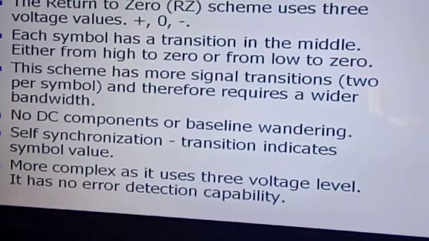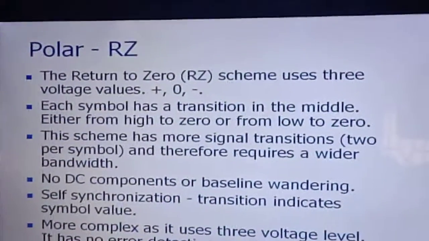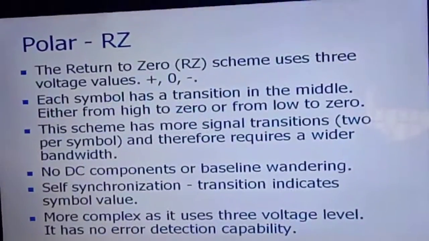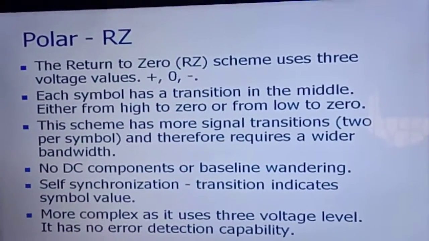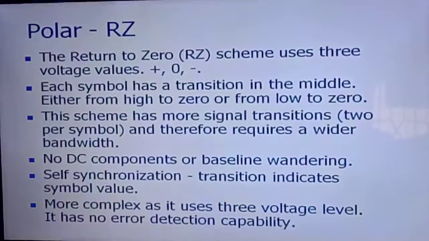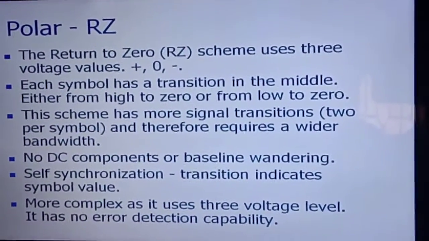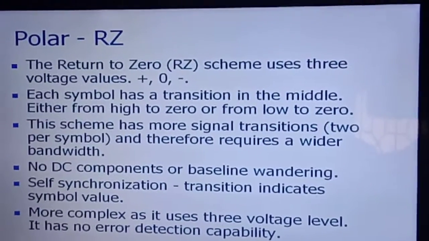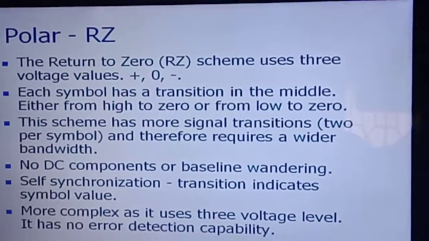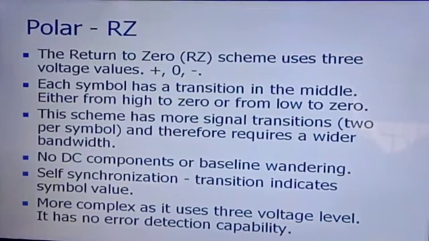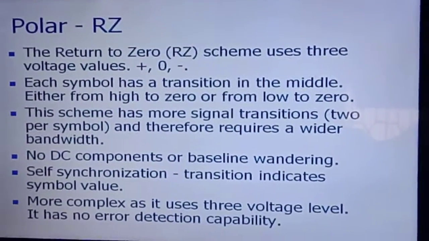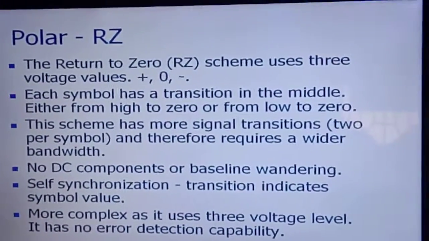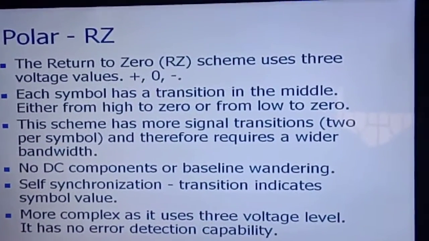The return to zero scheme uses three voltages, not only positive and negative; here we consider a neutral voltage also. Each symbol has a transition in the middle, either from high to zero or from low to zero. That is, first the signal voltage should come to the neutral state, either from positive or from negative. This scheme has more signal transitions and therefore requires a wider bandwidth.